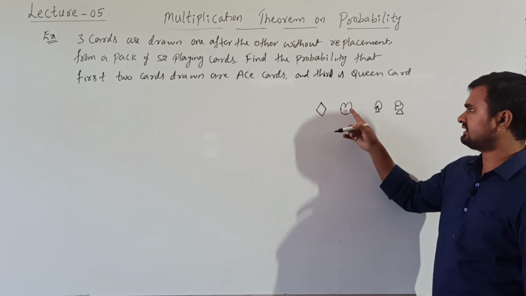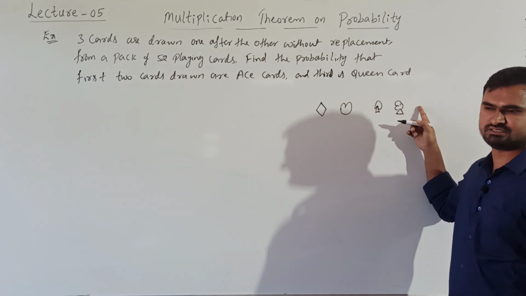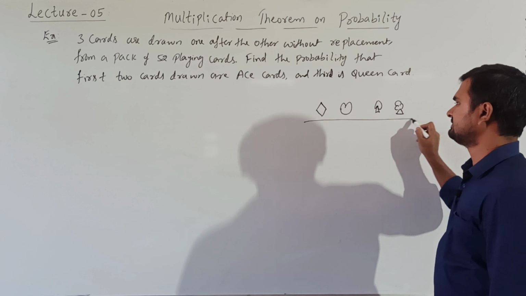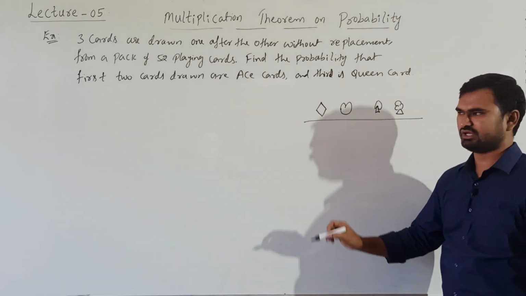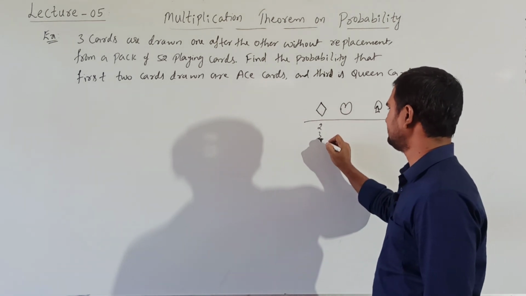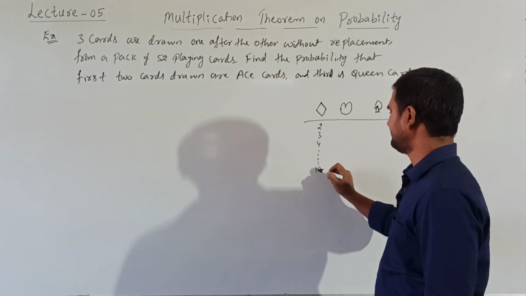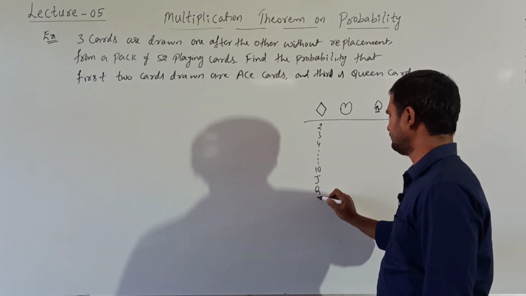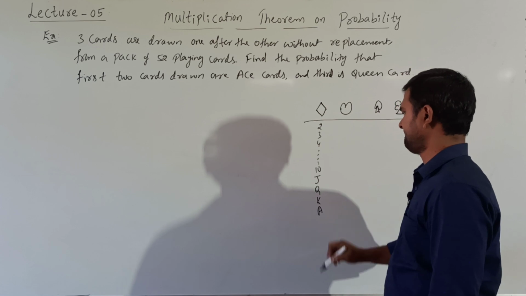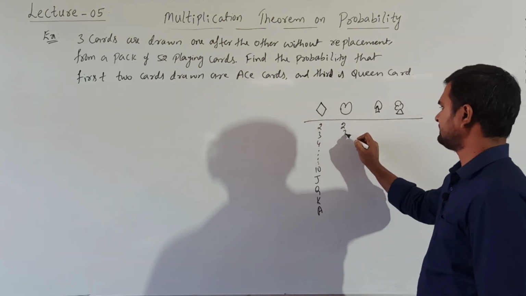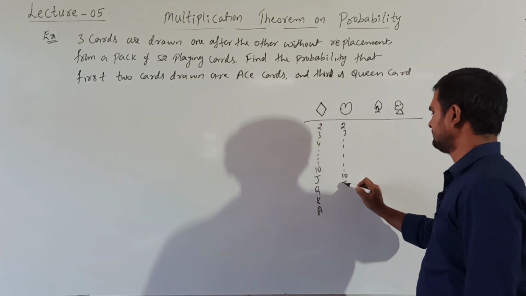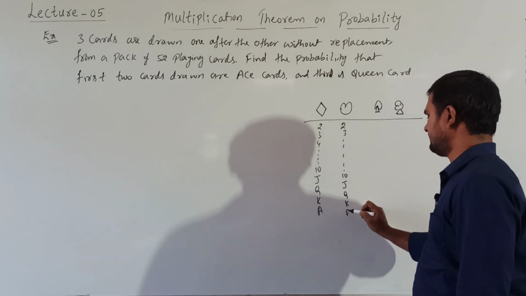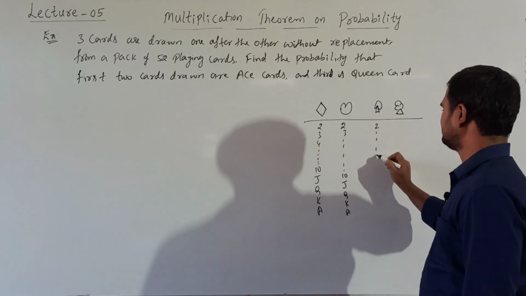In each denomination there are 13 cards, numbered 2, 3, 4 up to 10, J, Q, K, A. Same here, and same here also.